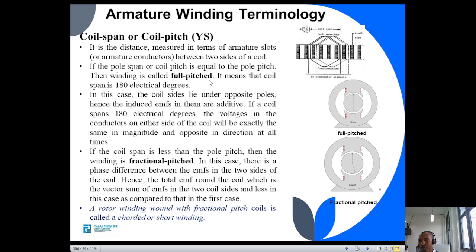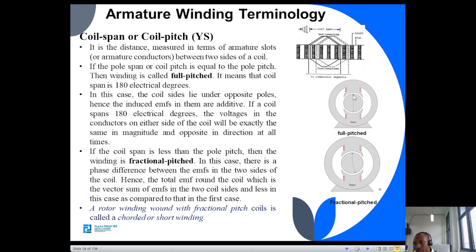Full pitch type. It means when I place this coil under the North Pole, and I place the second side under the South Pole, the coil span is equivalent to the pole pitch. See this.